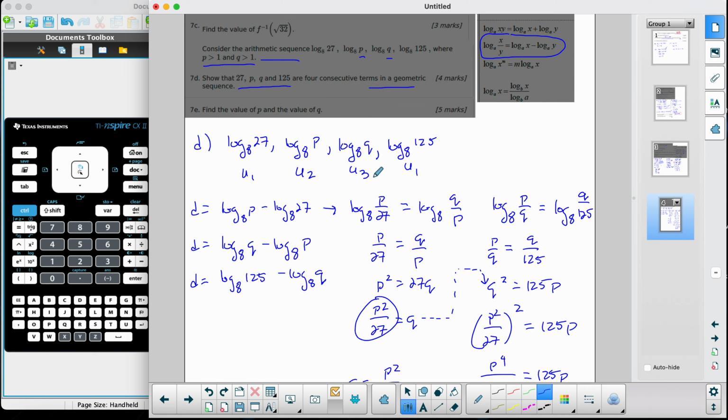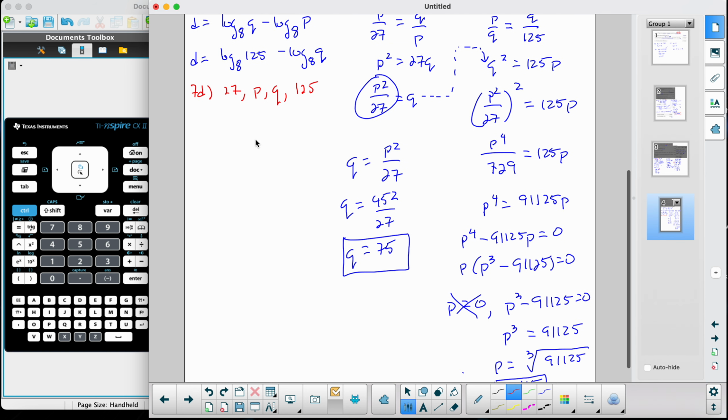Okay, so let's just think about this now. I'll do this in red to differentiate it. 7D, if this is a geometric sequence, I've got 27, I've got P, I've got Q, and I have 125, right?